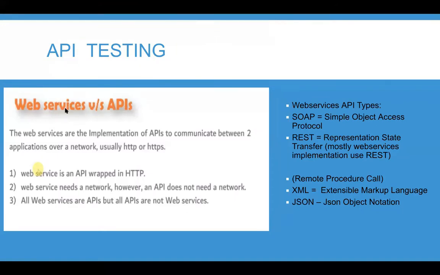I've spoken about web services versus API. Web services, in layman's terms, are just like servers that host different information or logic that makes websites work. Let's just make it simple: they either hold information or they provide logic.